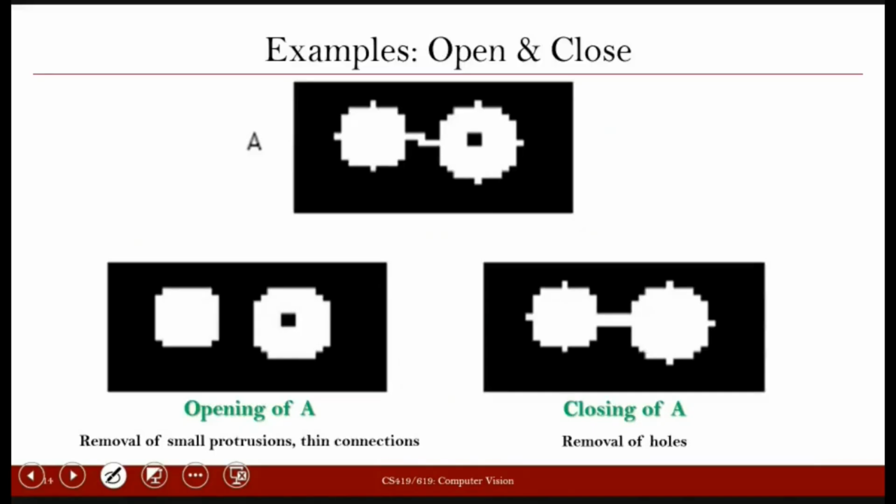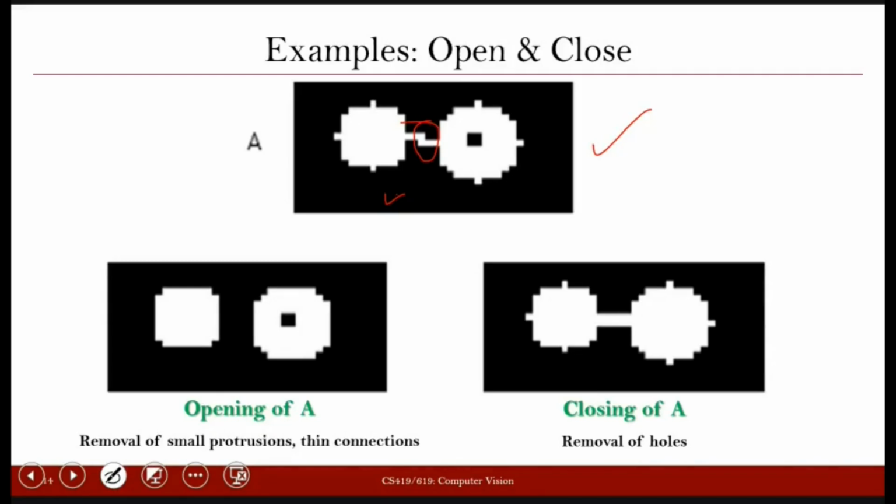We can see both these operations performed on this image here. Let's say image A is the input image where we want to perform opening and closing. When we are performing opening, we will first do the erosion, and then we will do the dilation. When we do erosion on this image, this small structure that we have here, since it is small in size, will get eroded.